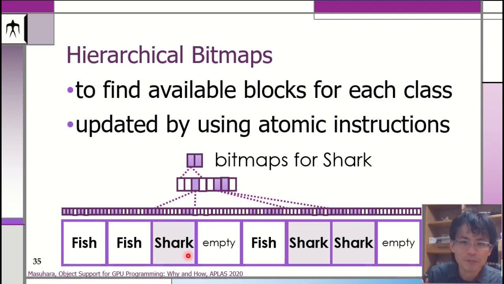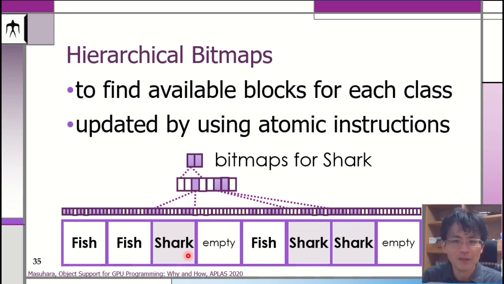So by using this, we can very quickly find the available block for each class, and also we can enumerate. We can do the do-all operation very efficiently, only on blocks assigned to a specific class.